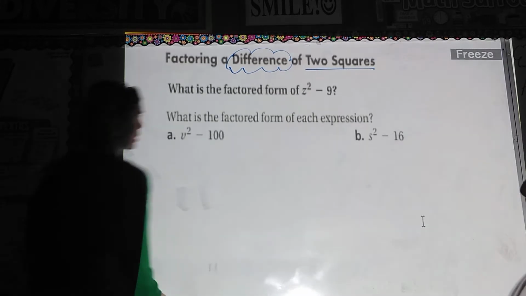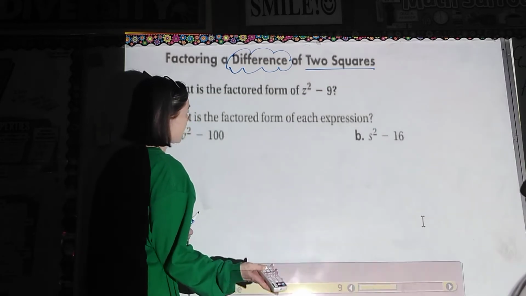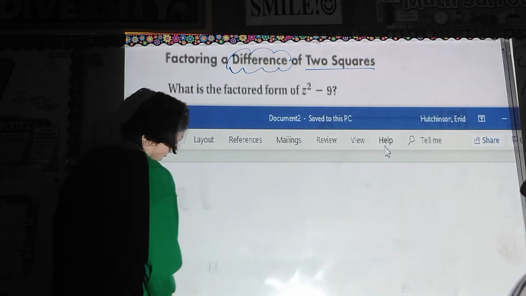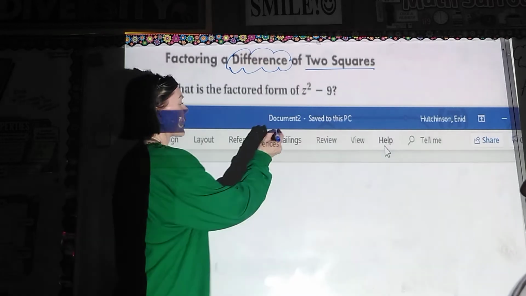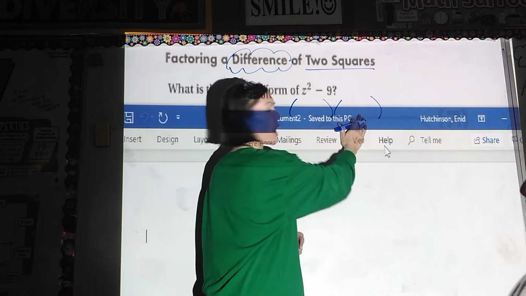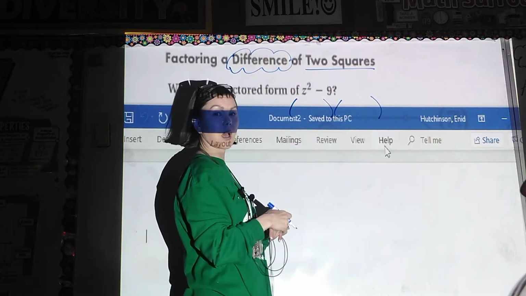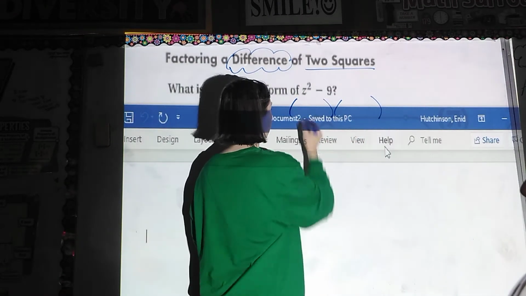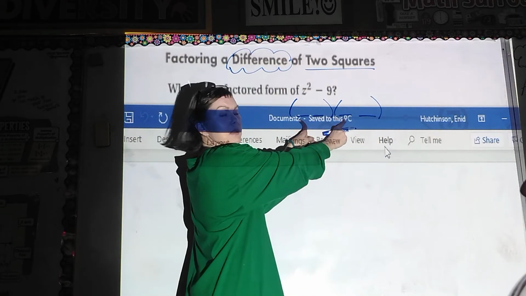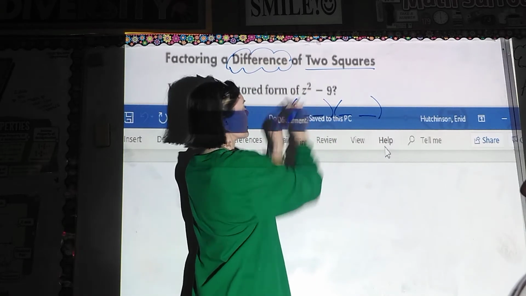Okay, if we want to factor that, we have to say what times what gave us this binomial here. So let's put in 1, 2, 3, 4. What times what gave me z squared?